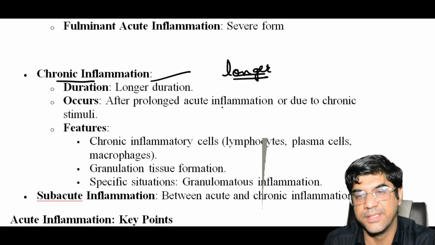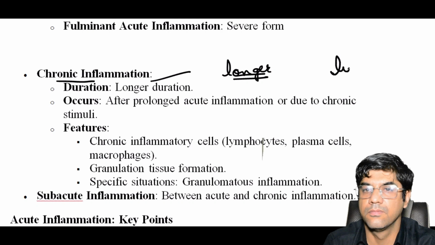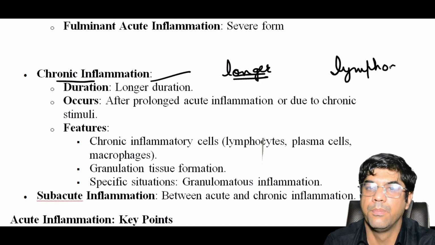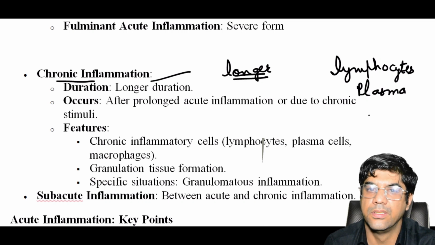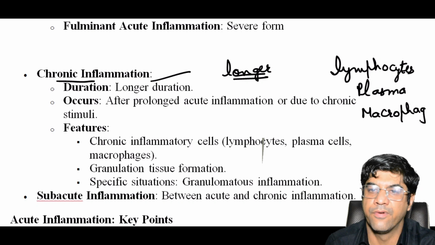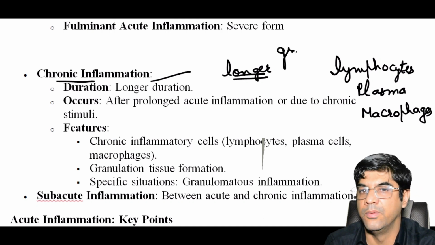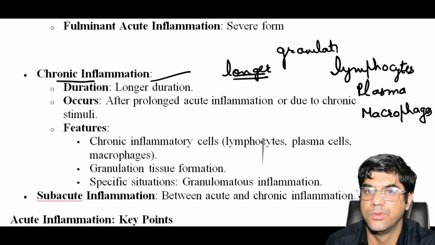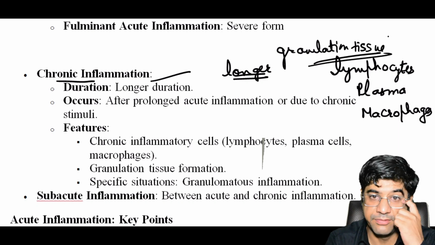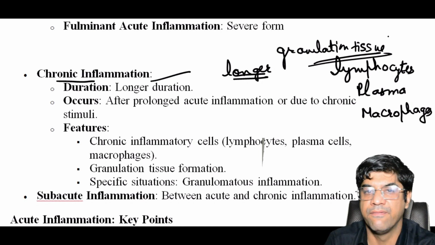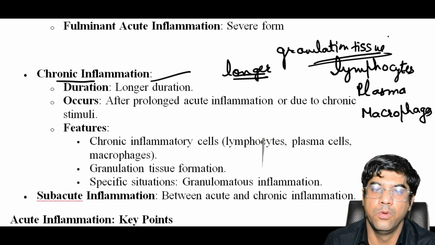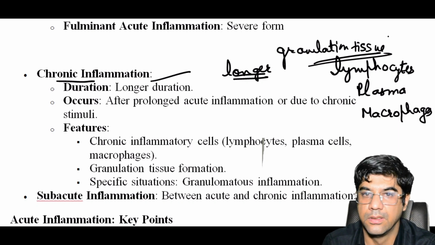They could be lymphocytes, plasma cells, and macrophages. It also involves the formation of granulation tissue. A specific situation within chronic inflammation is granulomatous inflammation.